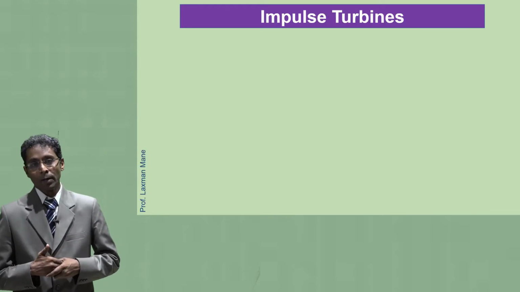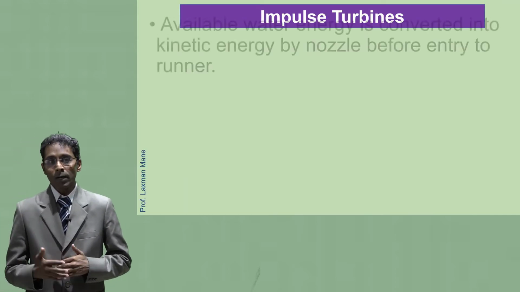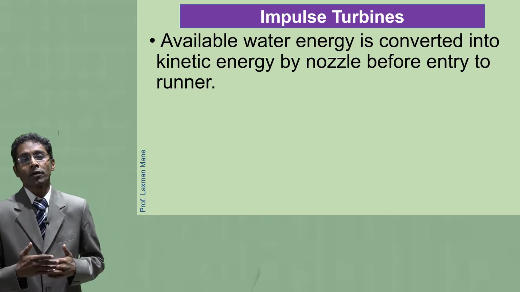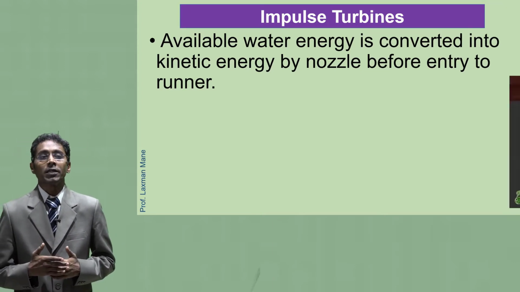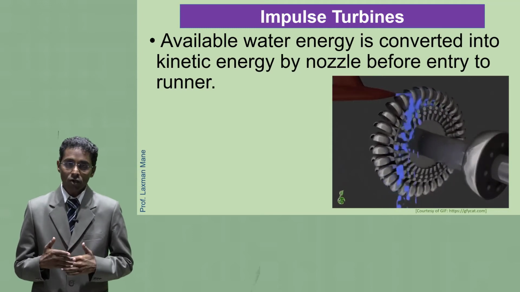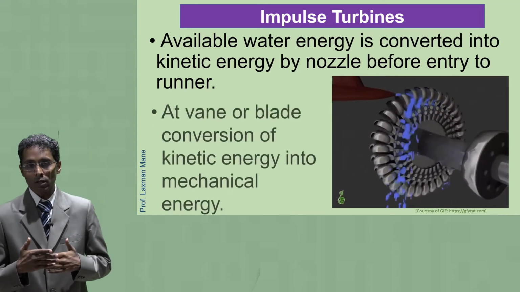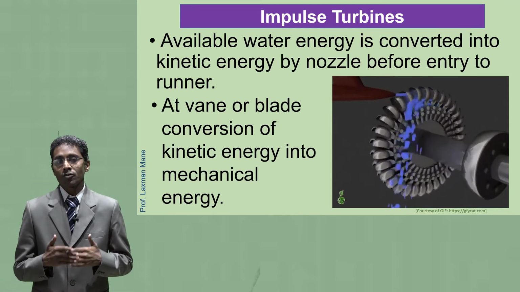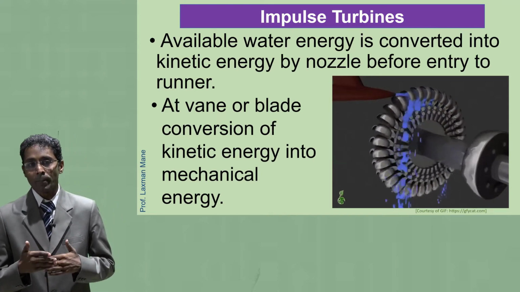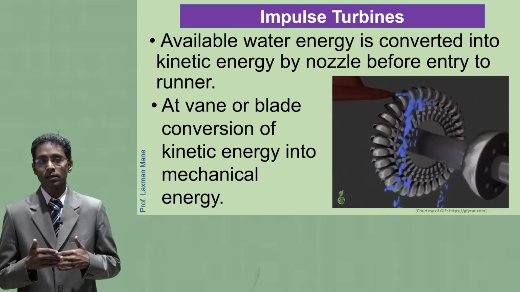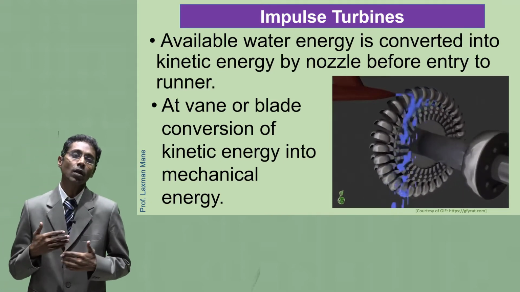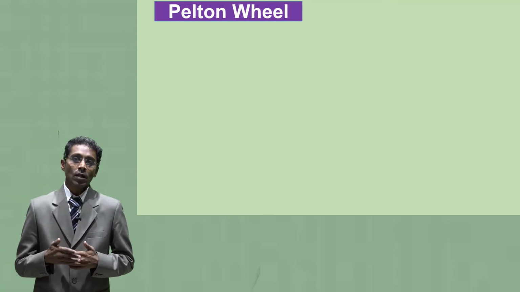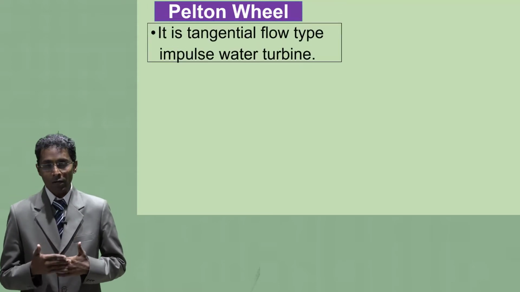Now we will see the impulse turbine. In impulse turbines, the available energy of water is converted into kinetic energy by the nozzle before entry to the runner. In this case, the water from the nozzle strikes the bucket of the Pelton wheel, where the conversion of kinetic energy into mechanical energy takes place. An example of an impulse turbine is the Pelton wheel.